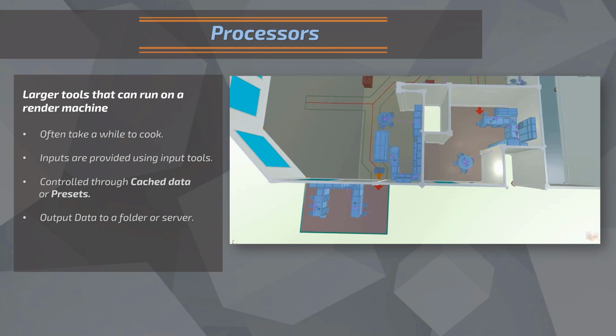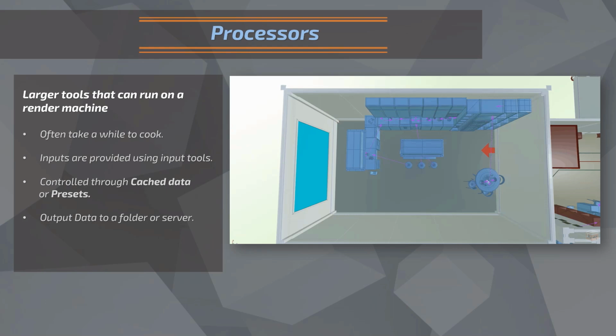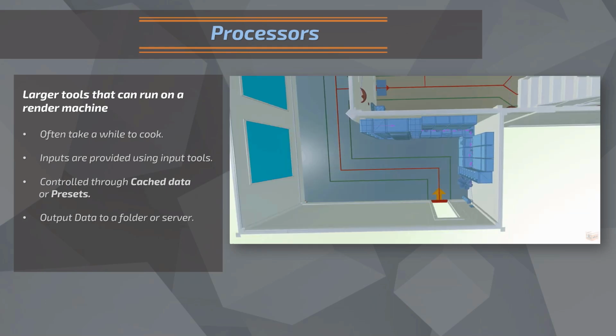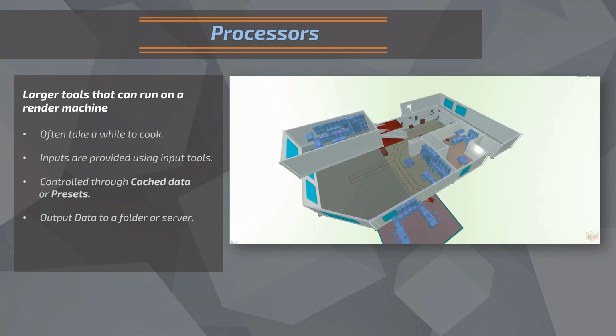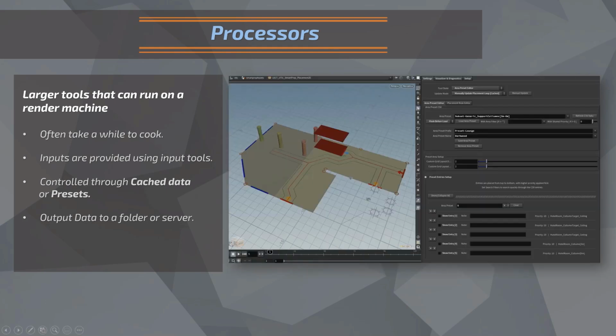Other types of tasks could be optimizing LOD on large volumes of information, large volumes of meshes, for example, or just processing textures, like layering textures and compositing them together. That would be a great task for running on a render farm machine. So these types of tools take data from somewhere on your server.